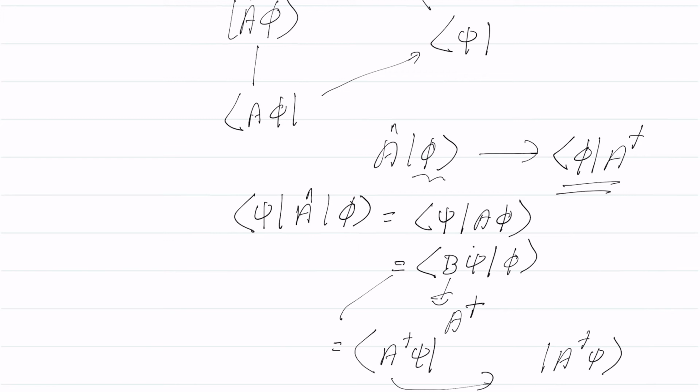Then this is A dagger acting on psi. So A dagger acting on ket psi is the same as A acting on bra psi. Okay. So A ket phi, when you go to the bra space, becomes A dagger bra phi.